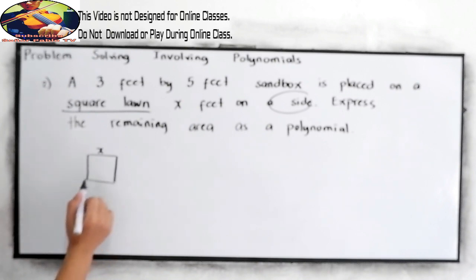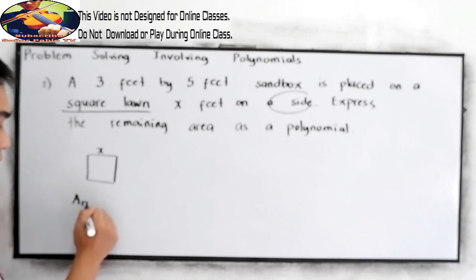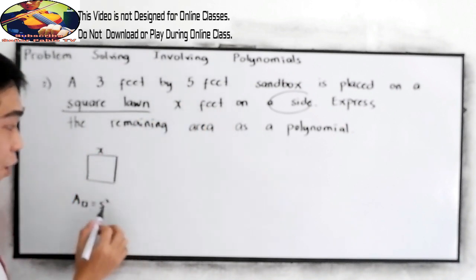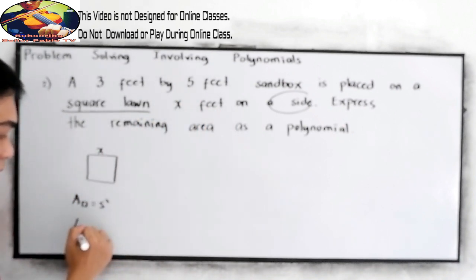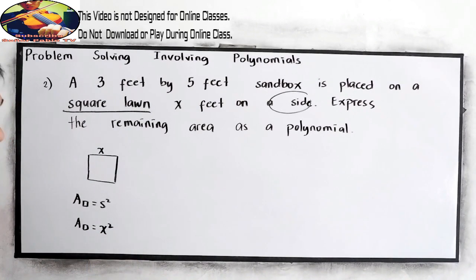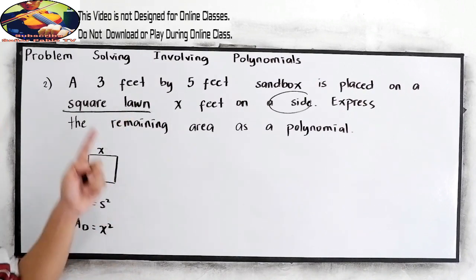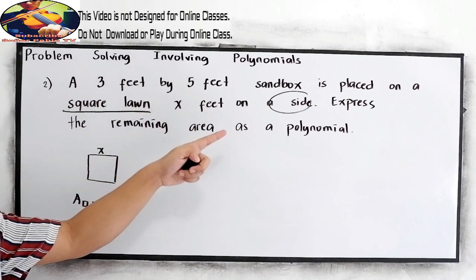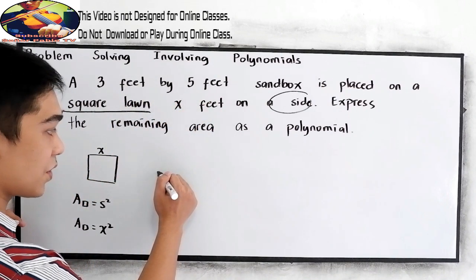So to get the area of this, the area of a square lawn is the side squared. Since in our question the side is x, the area is equal to x squared. This is the area of the square lawn. And we have a 3 feet by 5 feet sandbox.